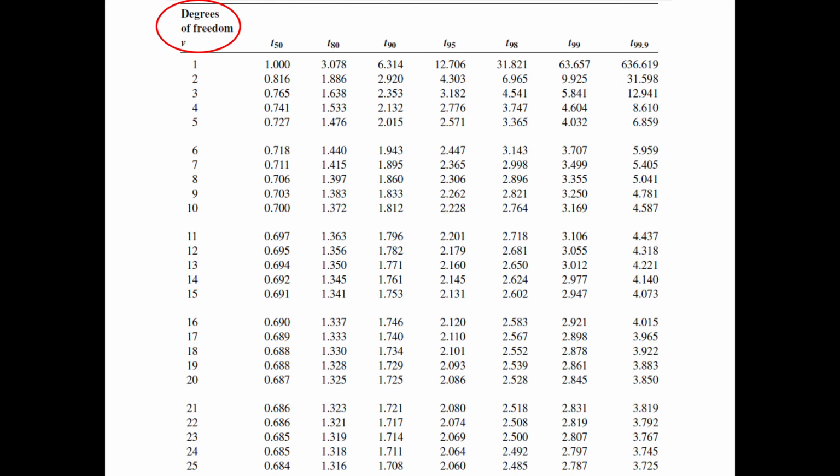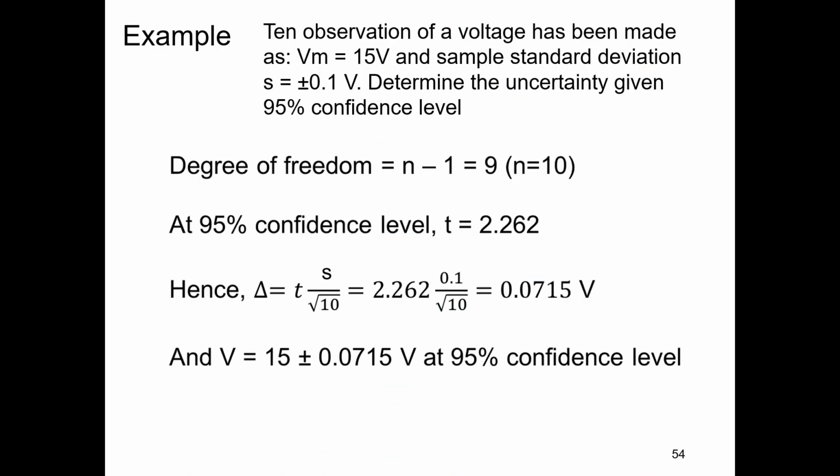For different confidence levels and degrees of freedom, this is your student t table. If the confidence level is 99%, or 99.9%, and you have, let's say, 15 measurements, then your degree of freedom is going to be 14, and this is going to be your t value. Very simple. Just plug that in and you'll get your estimation.